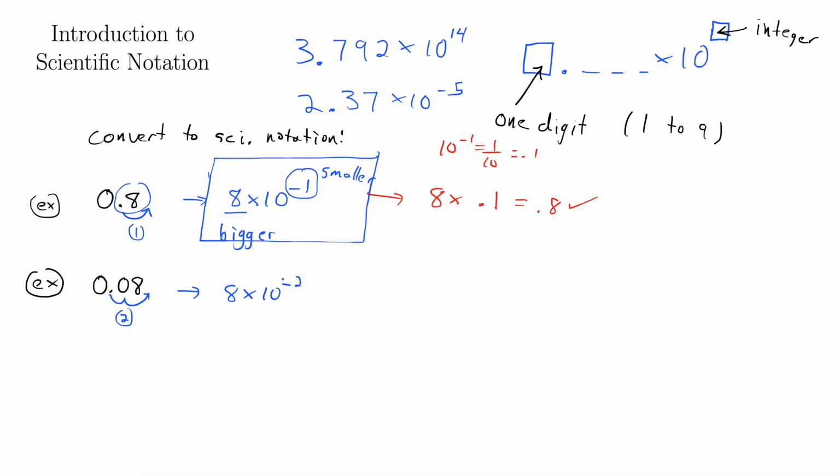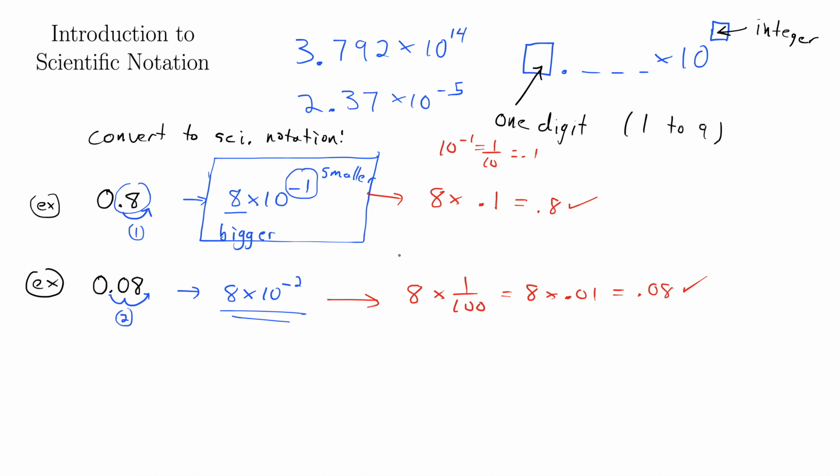It gets us smaller. To verify that it works, 8 times 10 to the negative 2 is 8 times 1 over 100, which is 8 times 0.01, which indeed is 0.08. It'll always work. You don't have to check it every time. I guarantee you it'll work if you're doing it correctly.